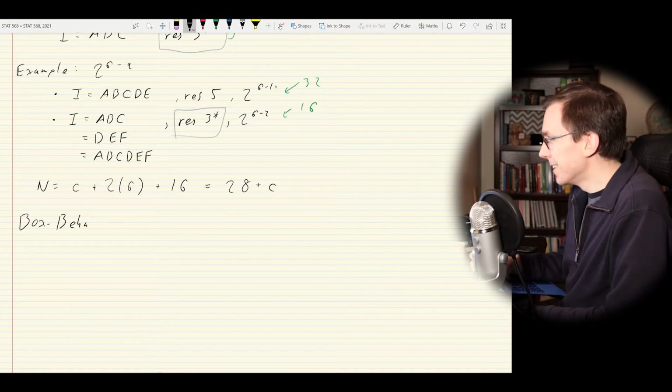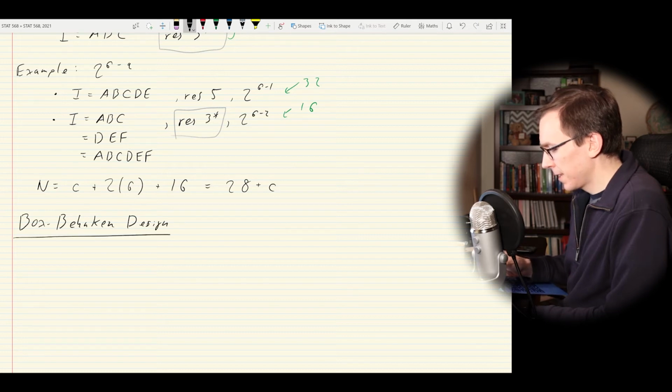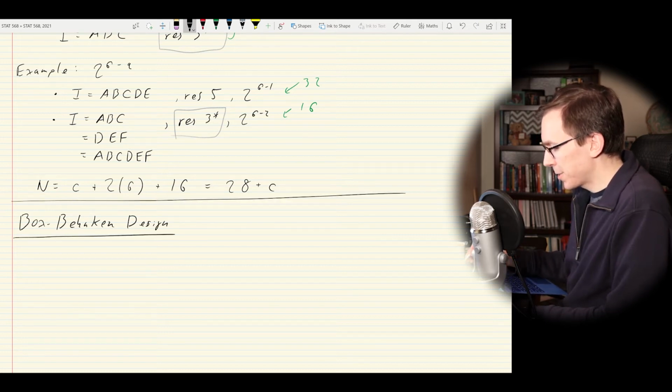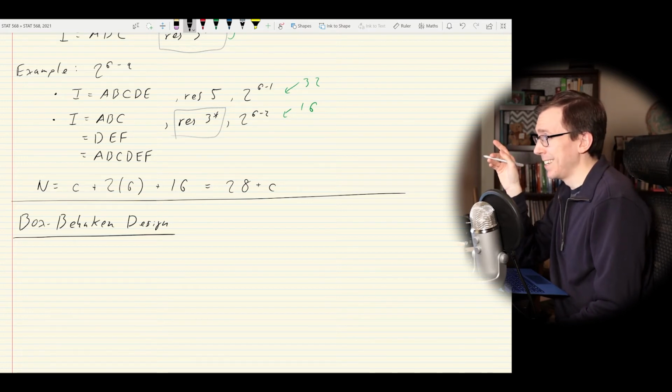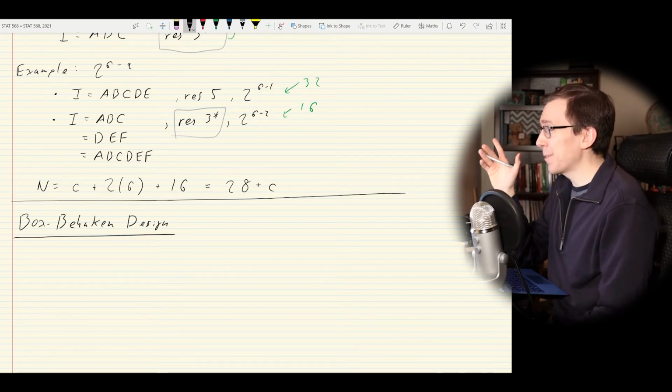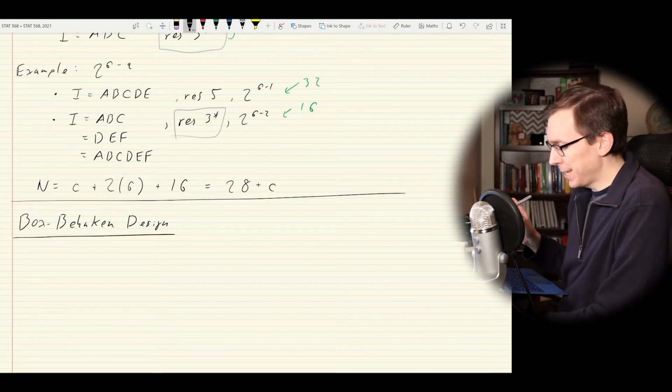Box-Behnken design. And we'll just block this off because we have a new type of design. So what is the Box-Behnken design? Well, the idea is that we want to combine factorial designs with a balanced incomplete block design.